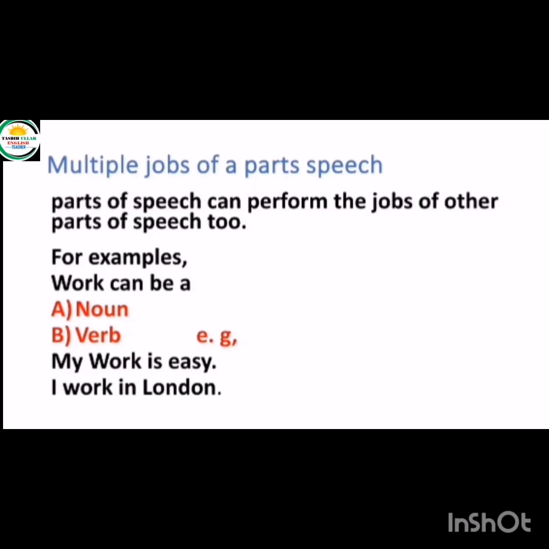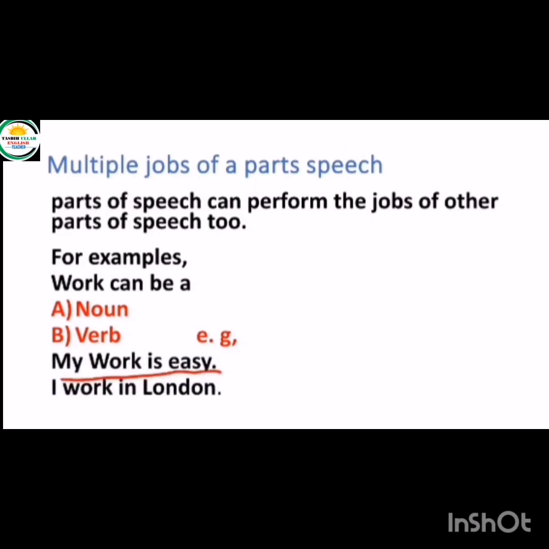Look at the example: work. Work can be used as a noun or a verb according to its different position. Look at the examples below. The first example: my work is easy.